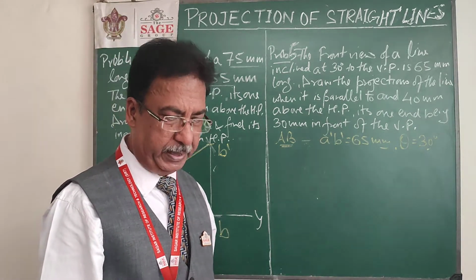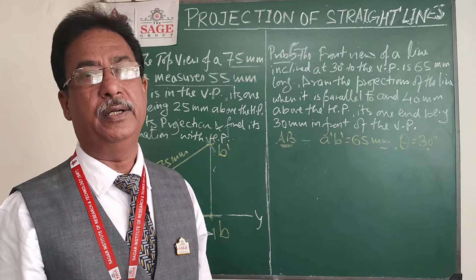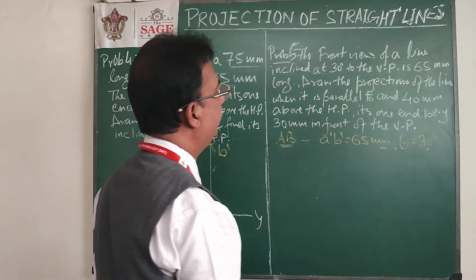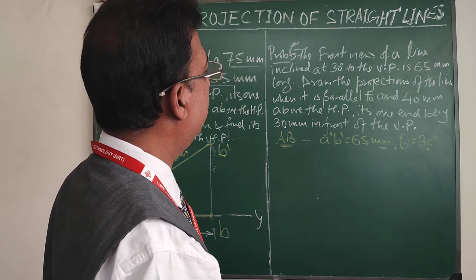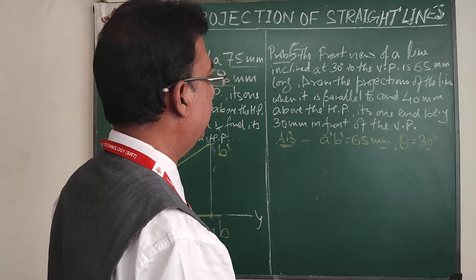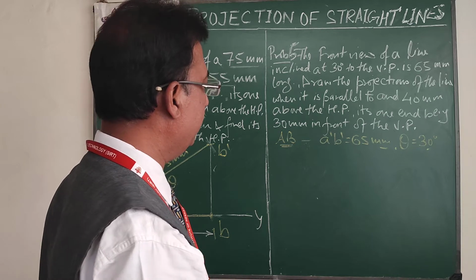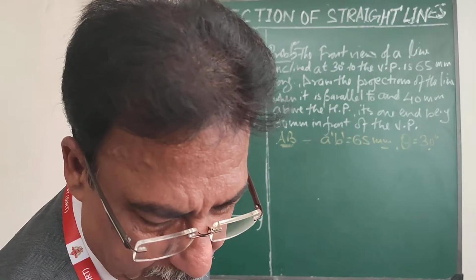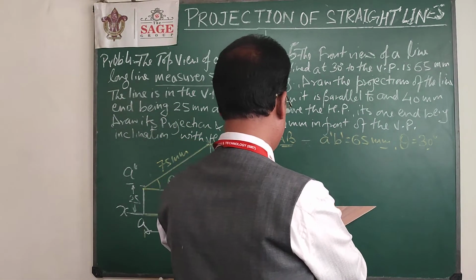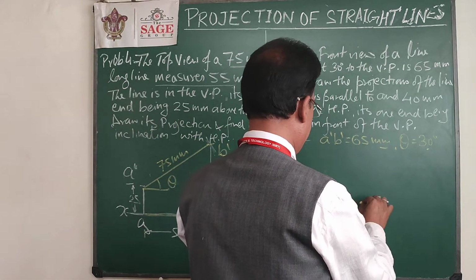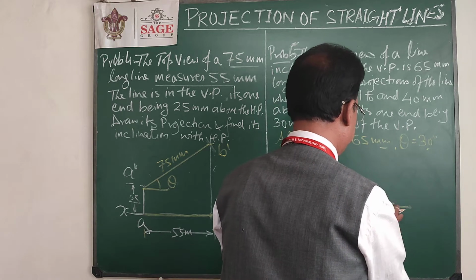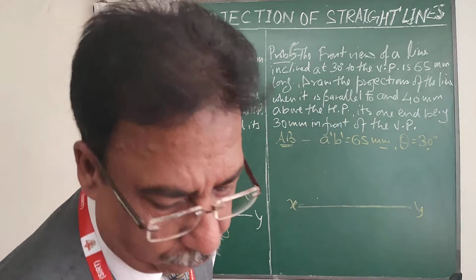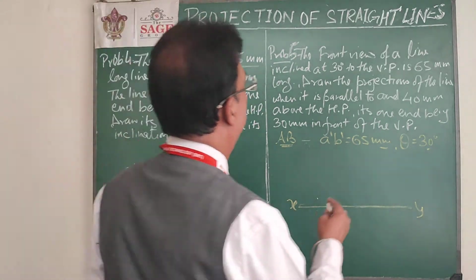Parallel to HP means it will show its true length in the top view, but the true length is not given to me. Its one end is 30 mm in front of the VP. 30 mm in front of the VP means 30 mm below the reference line. So if I want to plot this line, initially I will draw the XY line again. We should start with XY. Now the first point is 40 mm above the HP.